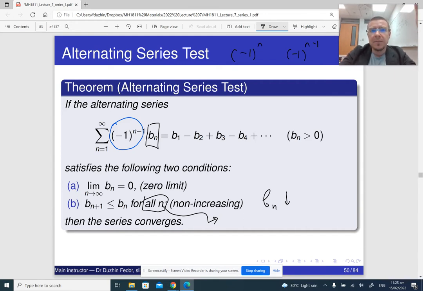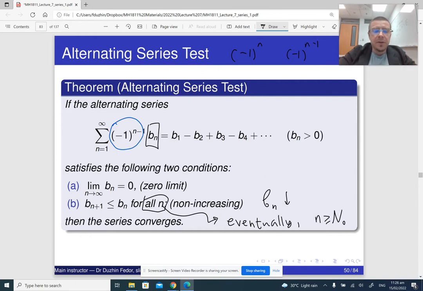So any finite piece of our series does not affect convergence, because convergence is something that happens at infinity. Which really means that if our sequence is non-increasing eventually, after some n, so if n is bigger than or equal to some fixed n0, then it is okay, it's still going to work.